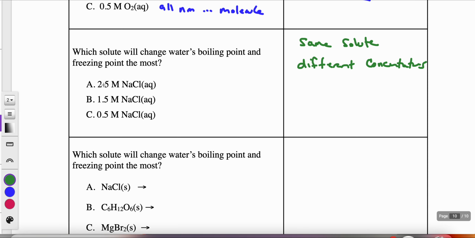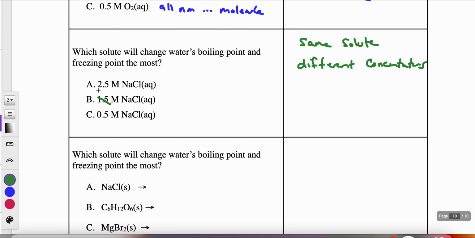I hope when you notice they go from 2.5, 1.5, and 0.5, that the answer that you eliminate right away is the 1.5 because it's in the middle. So which one is going to have the greatest impact on boiling point and freezing points? Well, it either has to be the one with the highest concentration or the one with the lowest concentration, right?